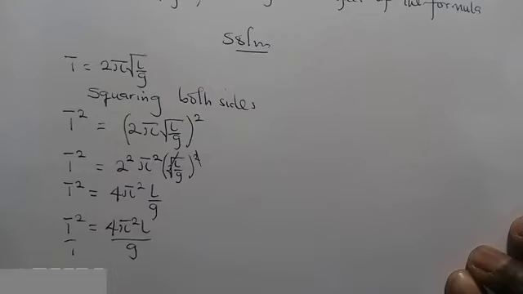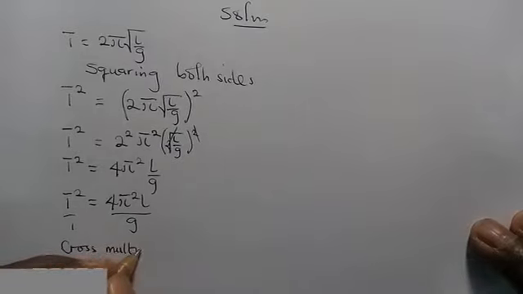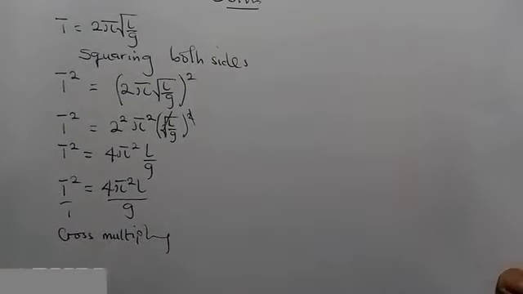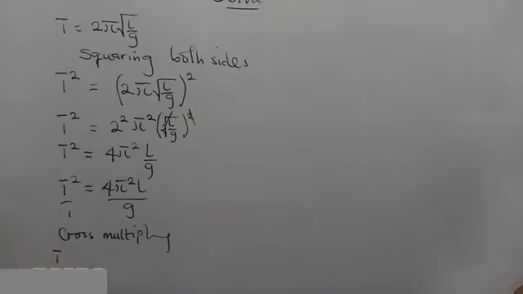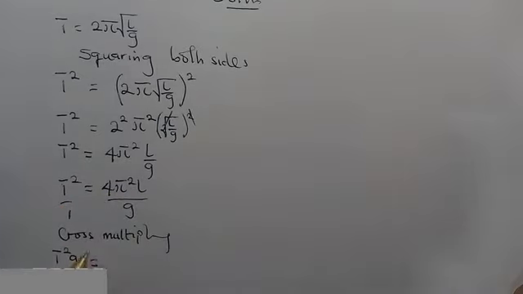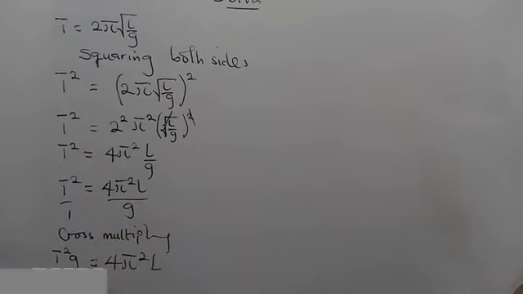So it is at this point now that we'll do cross multiplication. When we cross multiply, you have T squared multiplying G to give us T squared G. And that's equal to 1 multiplied by 4 pi square L. We have 4 pi square L. Remember, we have to make G the subject of this formula.